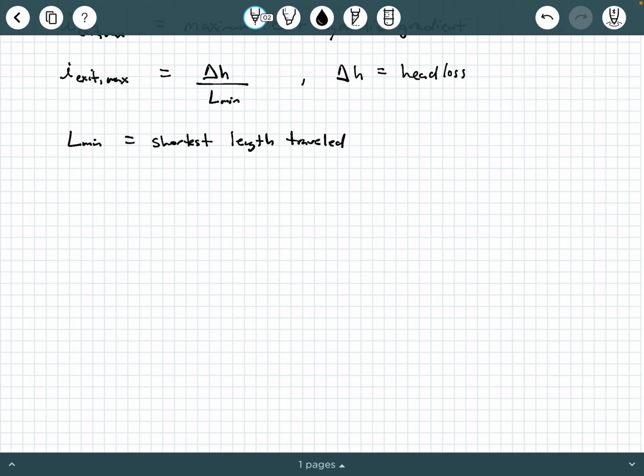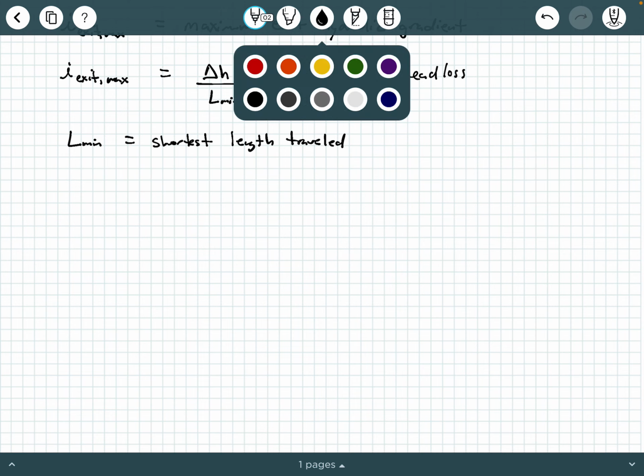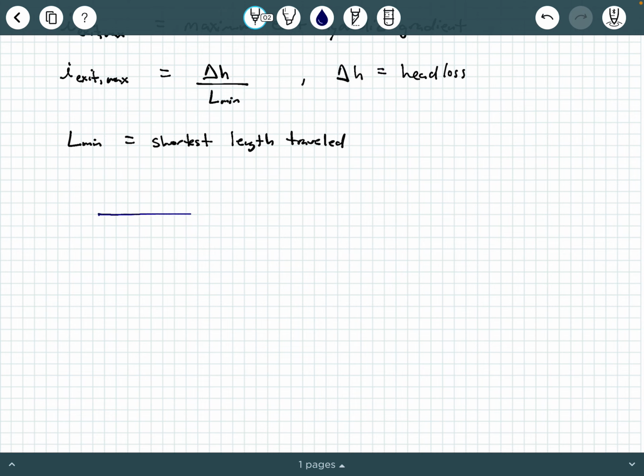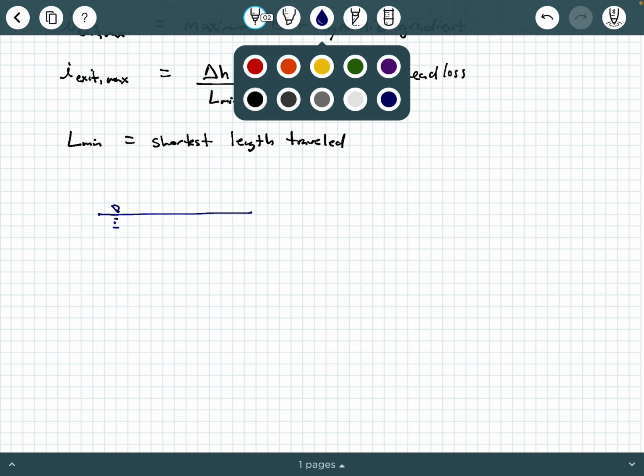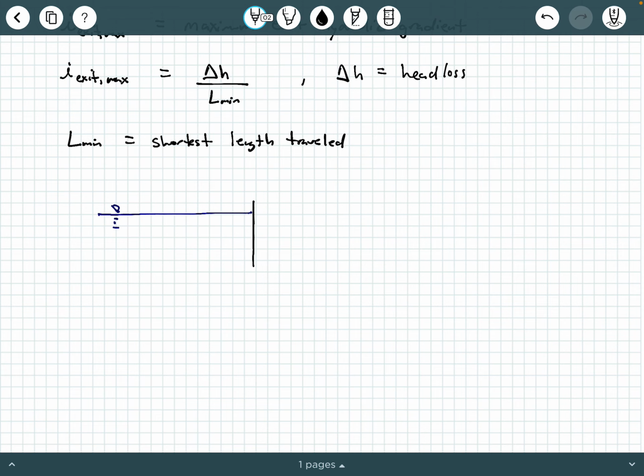Let's consider that we have a water level here, and let's say that we have some kind of geostructure. I'm going to make it a concrete dam for us. So let's say this is a concrete dam, and we'll put some little triangles here for hatching purposes.